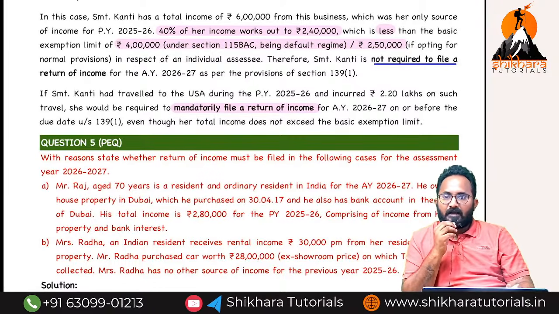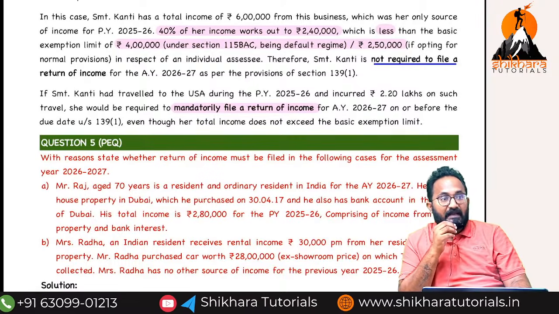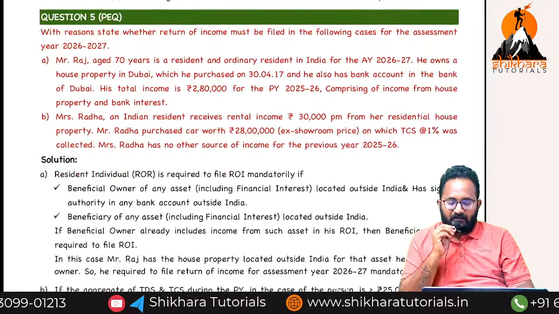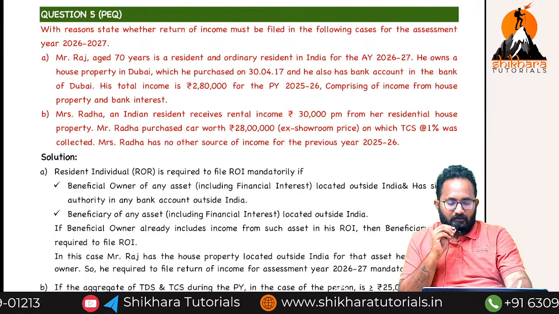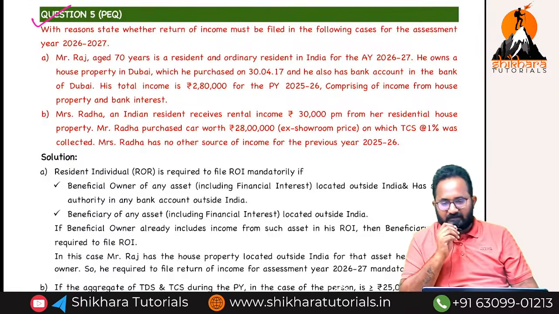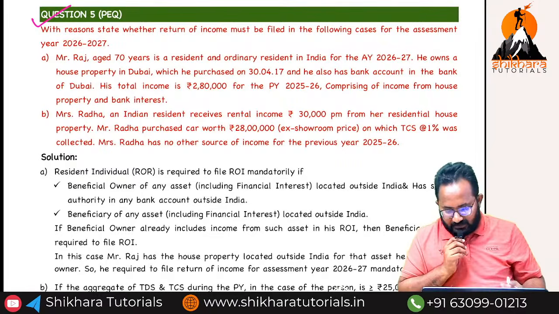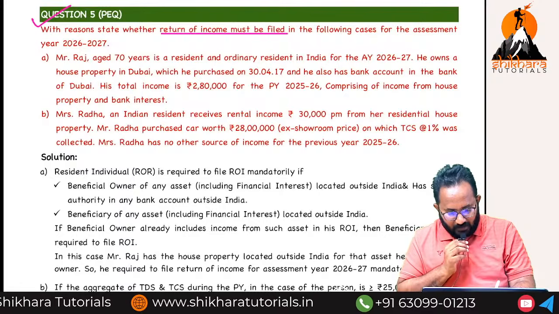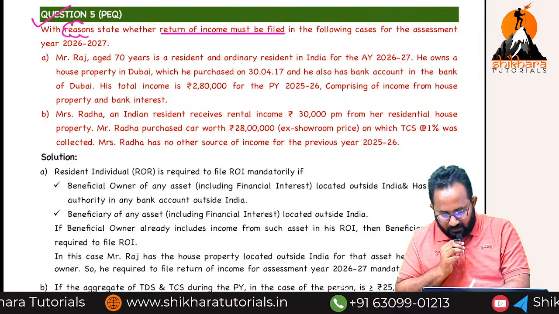Till now we are in the questions of 139(1) only. That is a very, very important provision. Next, question number 5 also we can discuss now. Please start reading, ma. Again they are asking whether the return is required to be filed or not, along with the reasons.